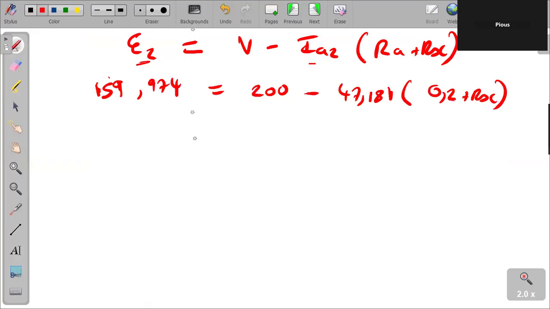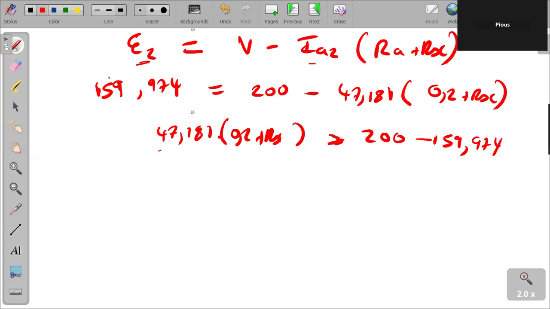If we transpose 47.181, it becomes positive, bracket 0.2 plus Rx is equal to 200 minus 159.974, right?